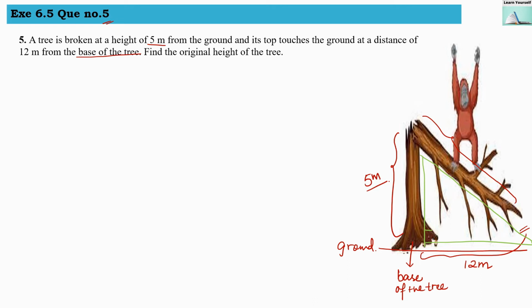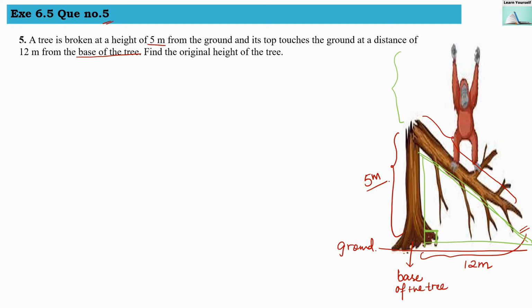And this is going to be our right angle where the tree's base is touching the ground. So from the Pythagoras theorem, we can find the length of this hypotenuse. Once we find this hypotenuse length, we can find the length of the broken branch. So that will come here and collectively we will find the length of the full tree.